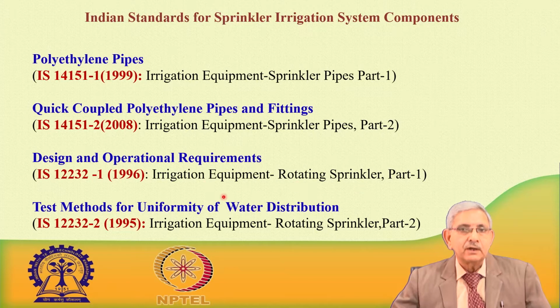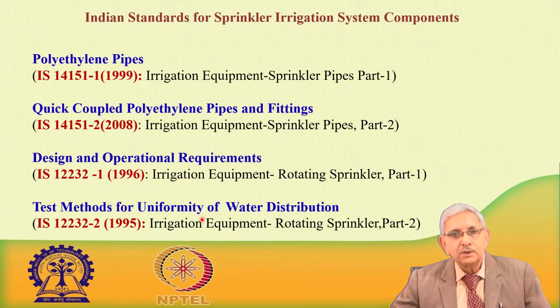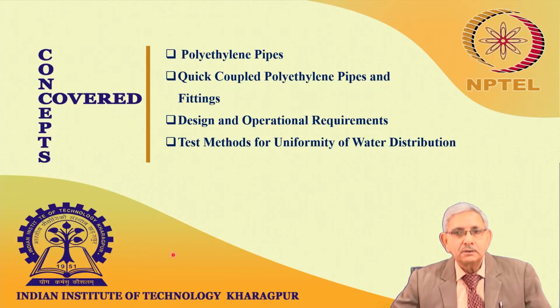This is for rotating head sprinkler nozzles, and test methods for testing the uniformity of water distribution are also given in IS 12232. So, if somebody wants to go deeper into more detail, then these BIS standards should be checked. These are available in the library.